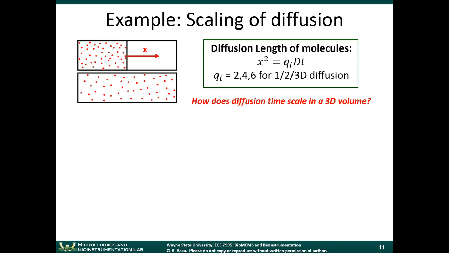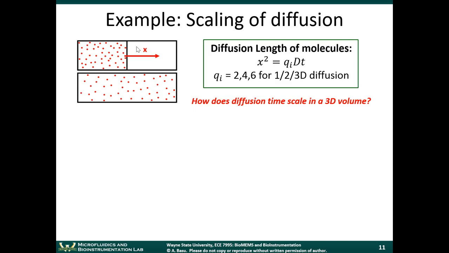The amount of distance at which one of these molecules diffuses, this x that we're showing here, is given by this equation. x squared is equal to qDt. q is a constant. It's either 2, 4, or 6, depending on whether you have one-dimensional, two-dimensional, or three-dimensional diffusion. t is the time, and D is the diffusion coefficient.